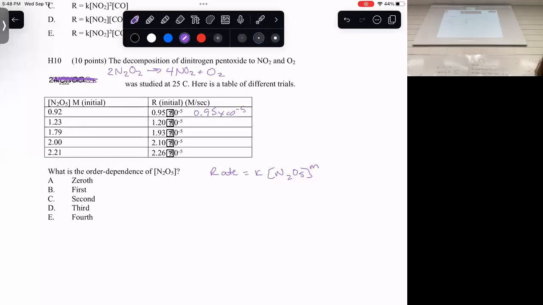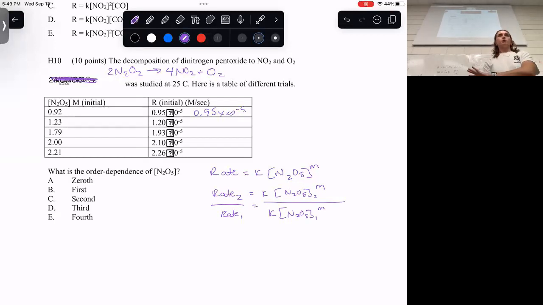Overall it'll look like rate 2 is equal to K times N2O5 2 to the M, and rate 1 is equal to K times N2O5 1 to the M. You're going to pick two different trials, the concentration from that trial and the rate from that trial.